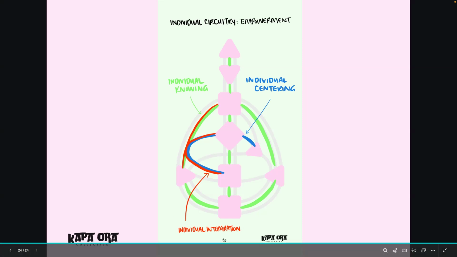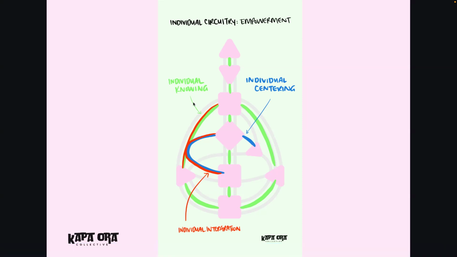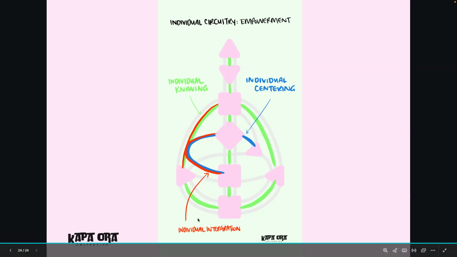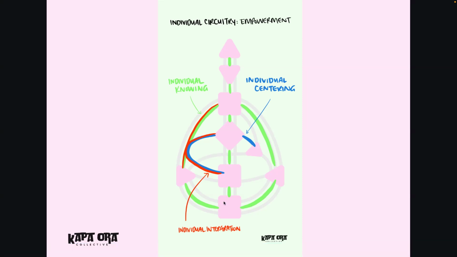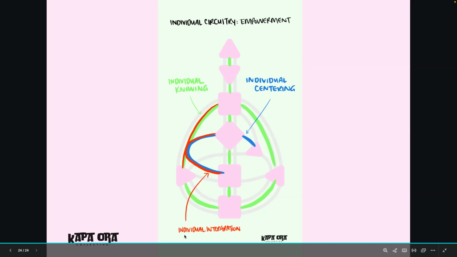And there's a fourth, but it's sort of a subset of individual circuitry, which is individual knowing, individual centering, or individual integration. So these are the channels that individual knowing runs along, which is the green, the blue, right, and then the red, which is integration.